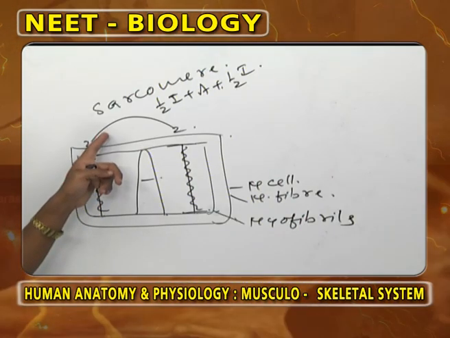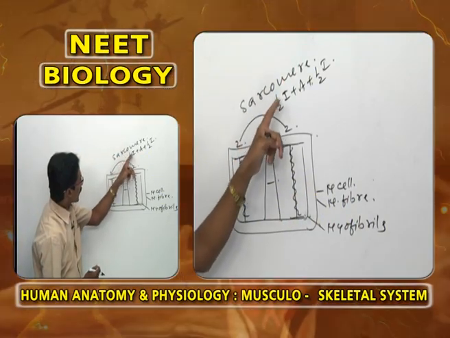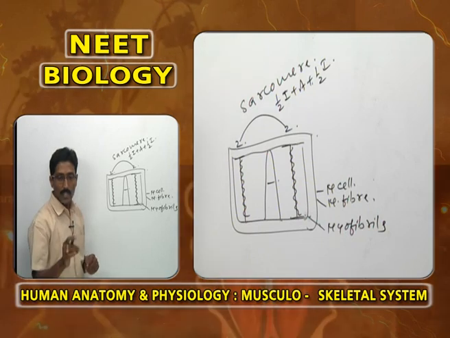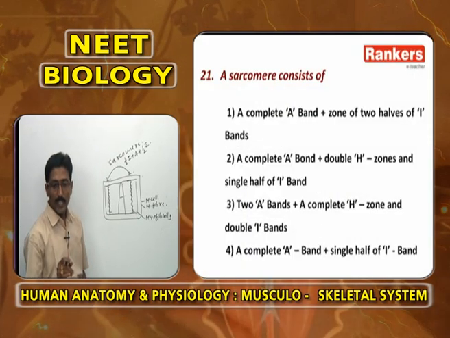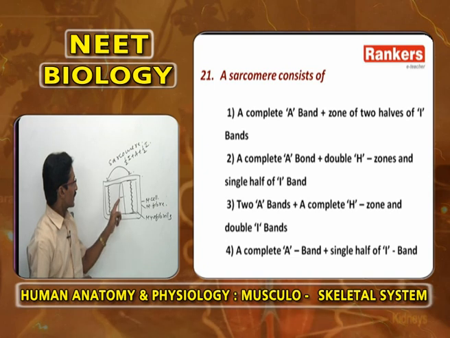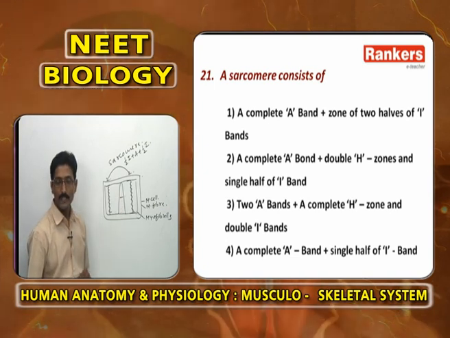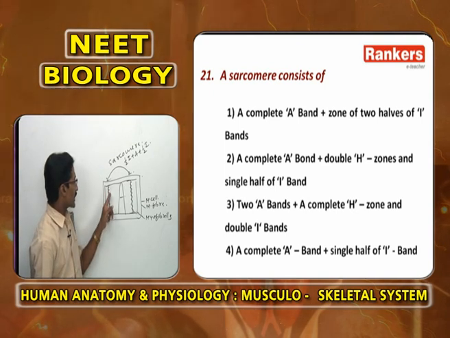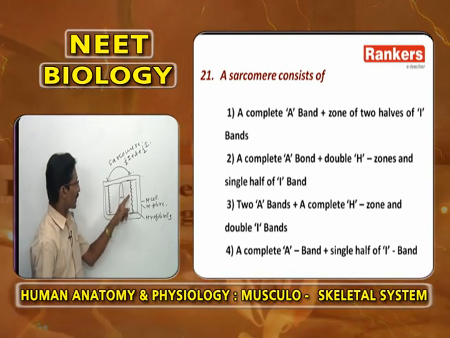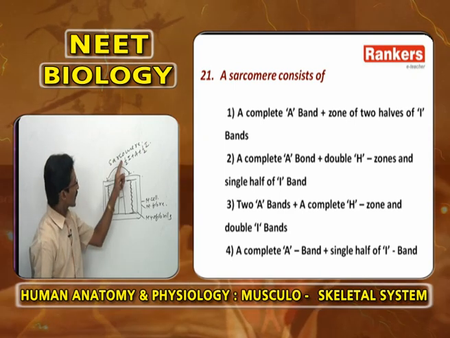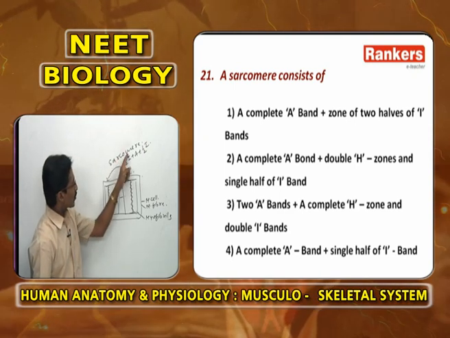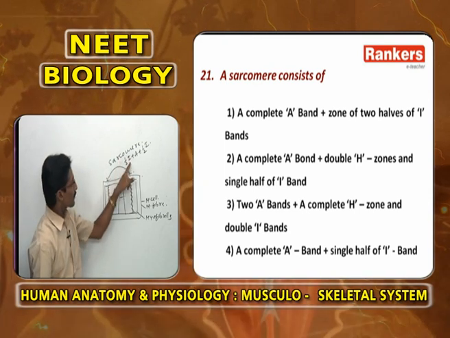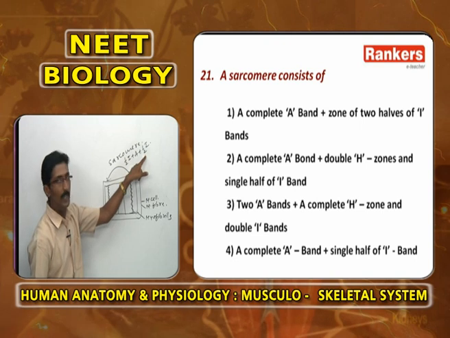So, in the sarcomere: part of I, complete A, part of I. Now we observe, a sarcomere consists of a complete A band plus 2 halves of I band. This is part of I band, part of I band. So that we call the sarcomere, the distance between two Z lines.